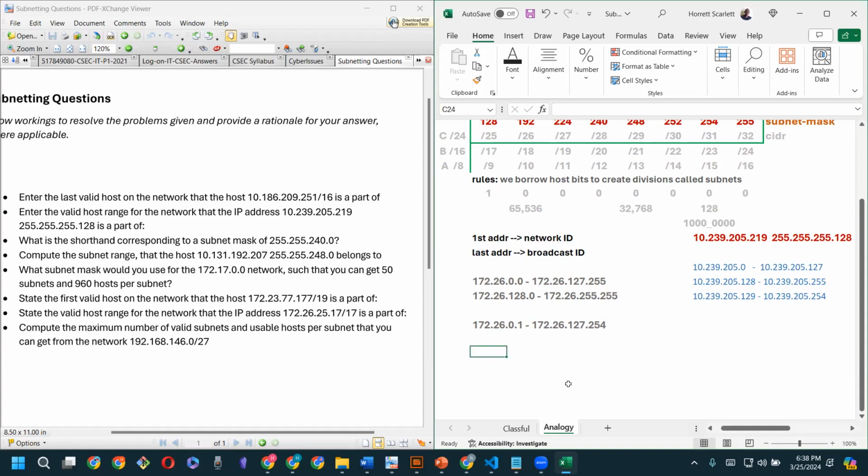Now, let me just do something quickly. 172.26.0.0.